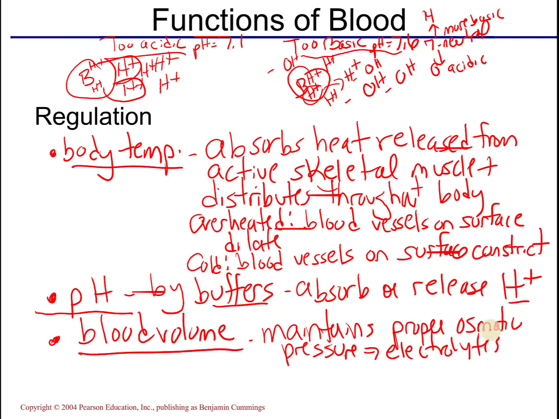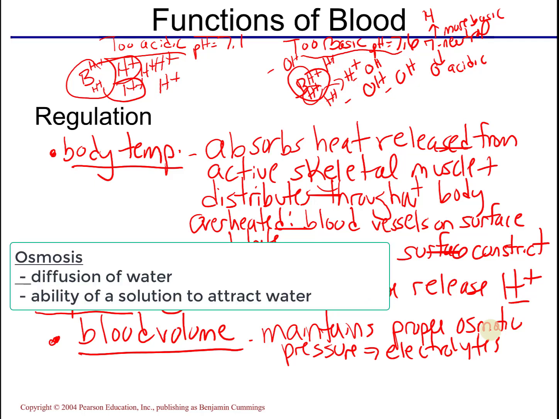Osmosis is the diffusion of water. Remember that? Another way to look at it is it's the ability of a solution to attract water. So when you look at a blood vessel, inside the blood vessel are a lot of things, but you've got, of course, ions here, or electrolytes. And you also have those ions and electrolytes in the tissue.